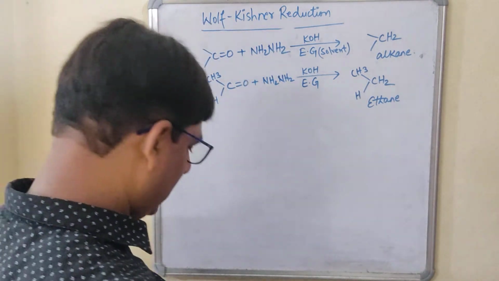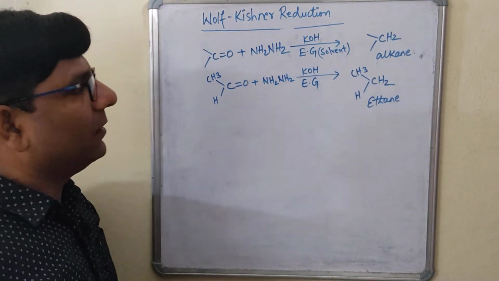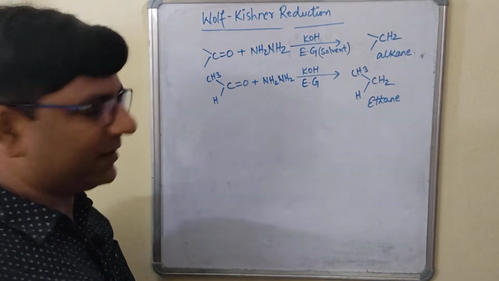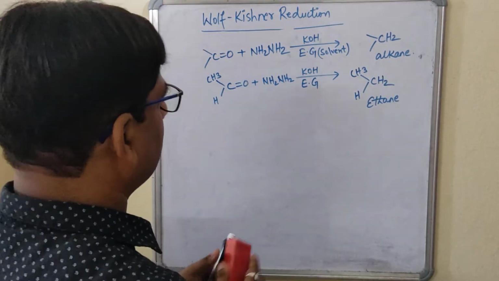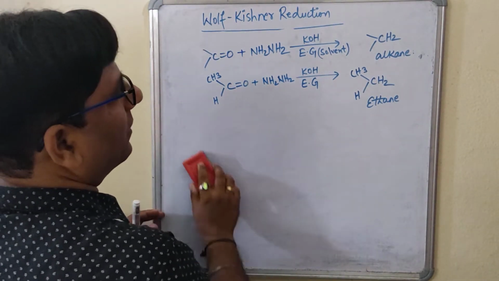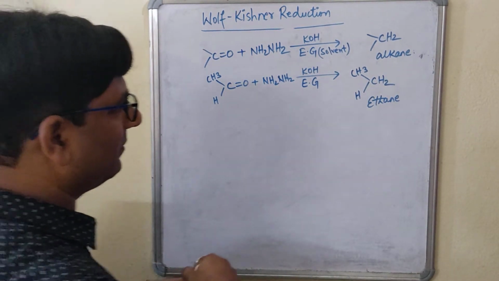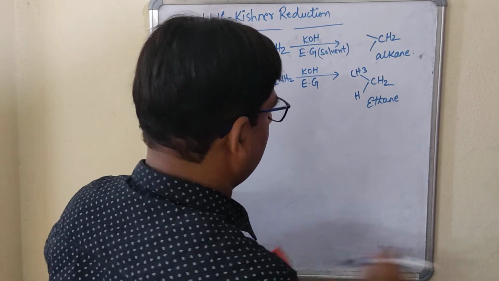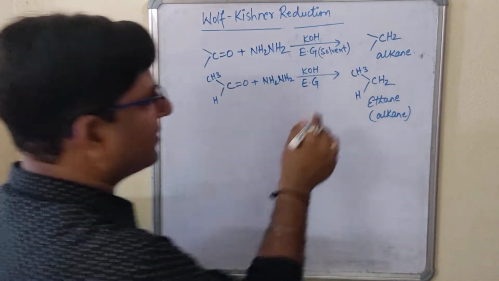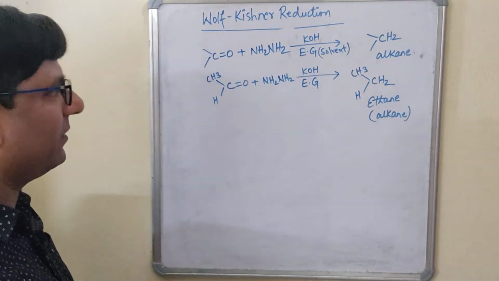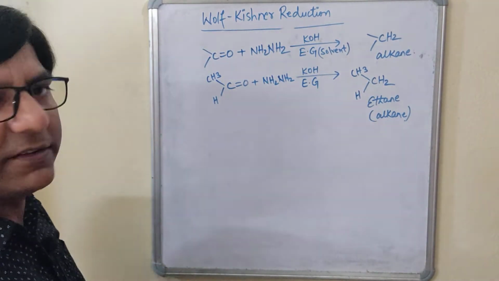Now, let us see the mechanism of it, students. Here, in bracket, you can write alkane. The corresponding alkane we have got. Now, I hope you have understood this reaction.